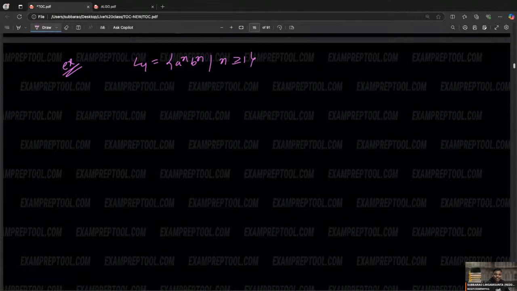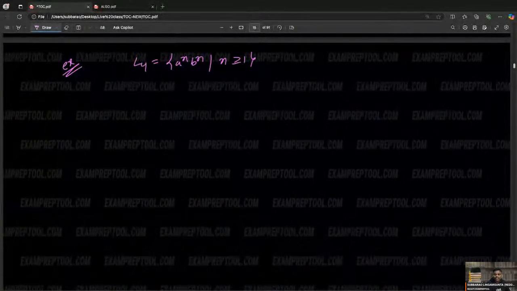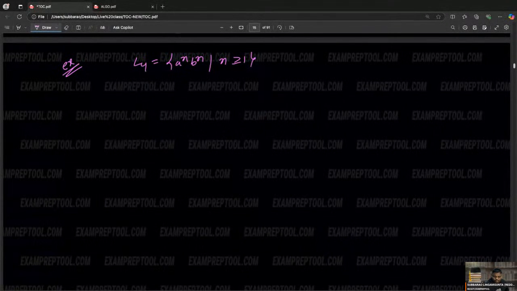See this one. L4 is equal to a power n, b power n, where n is greater than or equal to 1. Now observe here. The strings of this language: n is equal to 1, AB; n is equal to 2, double A, double B; n is equal to 3, triple A, triple B; n is equal to 4, 4 A's, 4 B's; n is equal to 5, 5 A's, 5 B's.